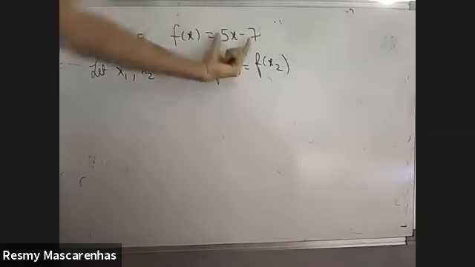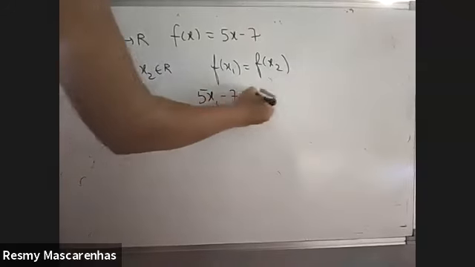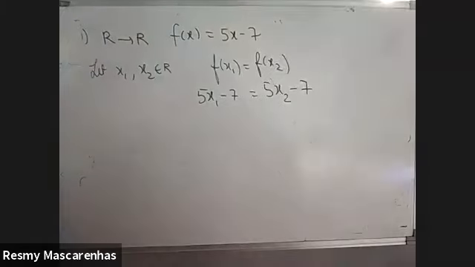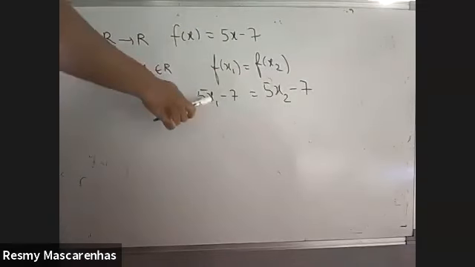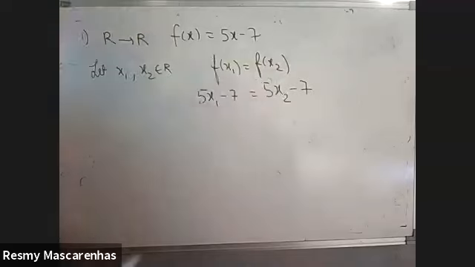Write the function on the left hand side with x1 and the right hand side with x2. Wherever there is x, I have to put x1, and wherever there is x2, put x2. Now you have to show that x1 is equal to x2.